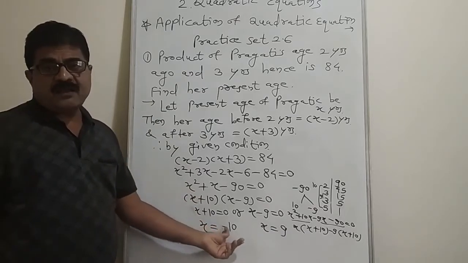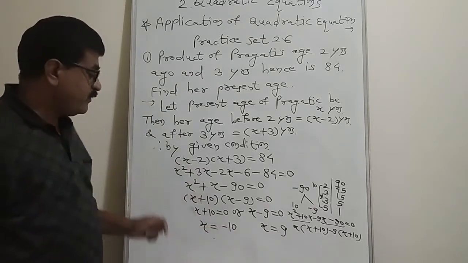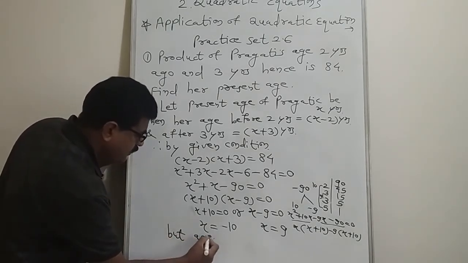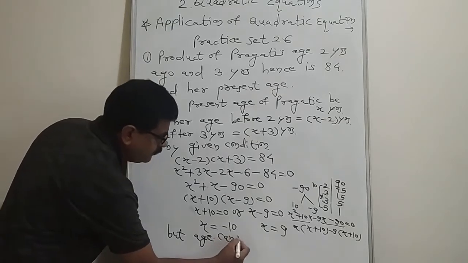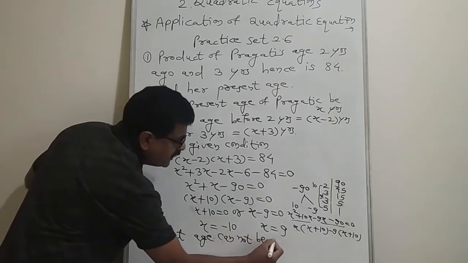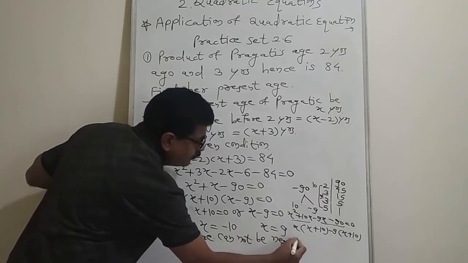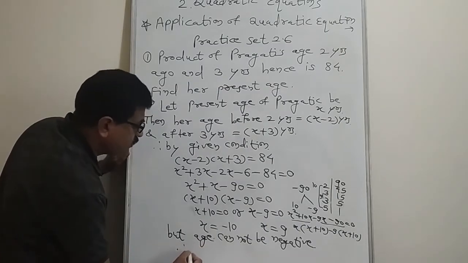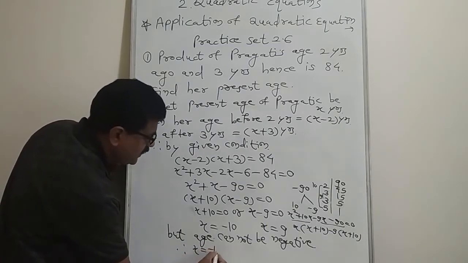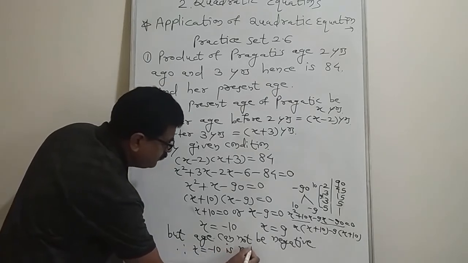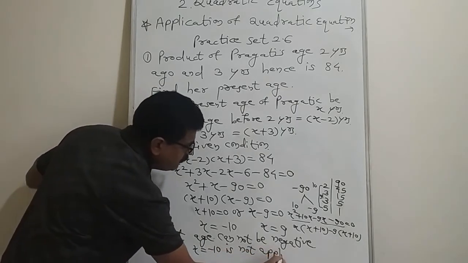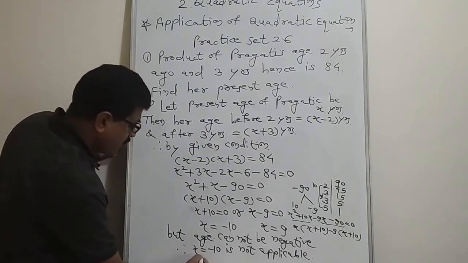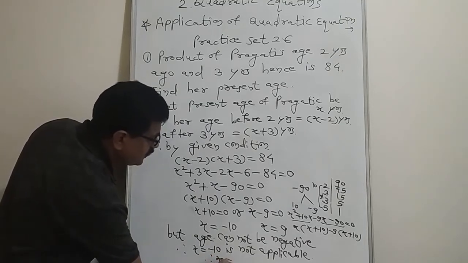Now age cannot be negative. Age cannot be negative. Therefore, x is equal to minus 10 is not applicable.